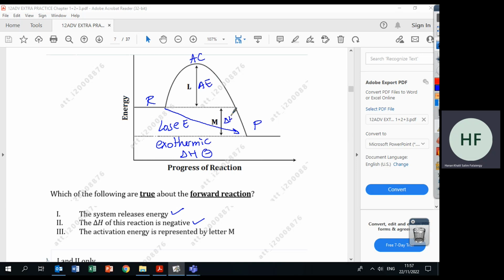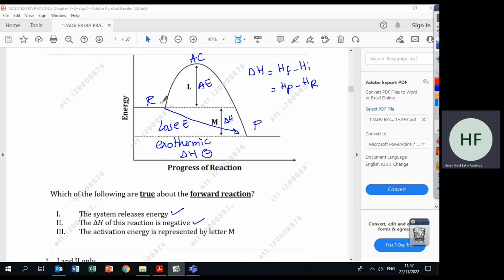M is delta H, this is the heat. M is the distance between reactants and products. This is delta H. As I told you before, delta H is equal to H final minus H initial. H final in chemistry is products, minus H initial is reactants. So the distance between reactants and products, this is delta H.